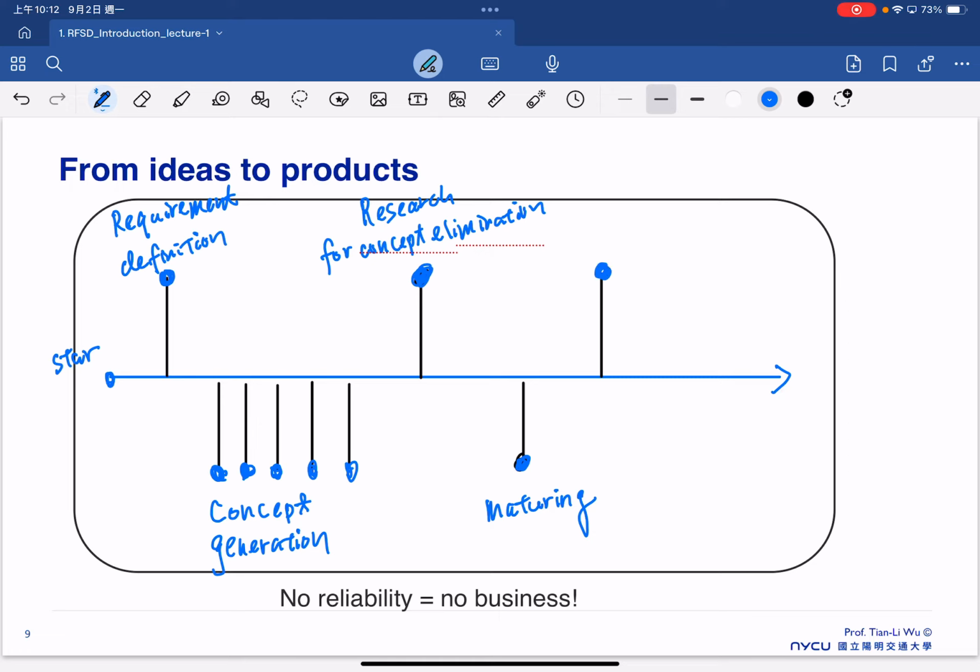You want to make sure whether the technology you are working on can finally reach our spec, our target, or not. So that's the technology qualification. This is generally considered the phase for R&D.